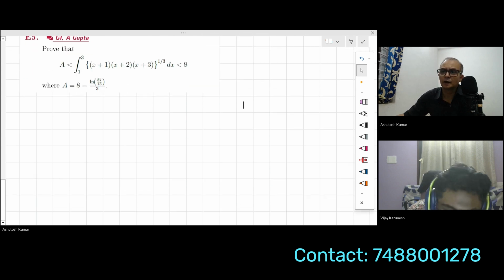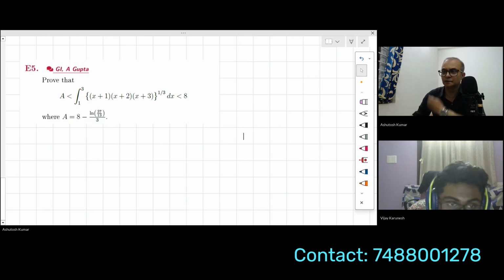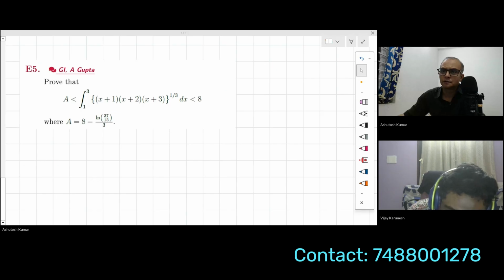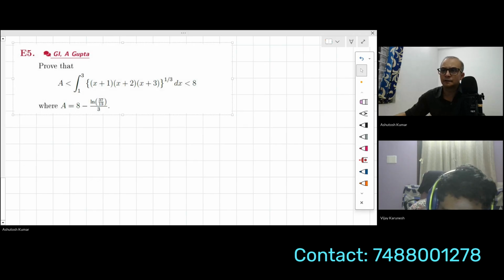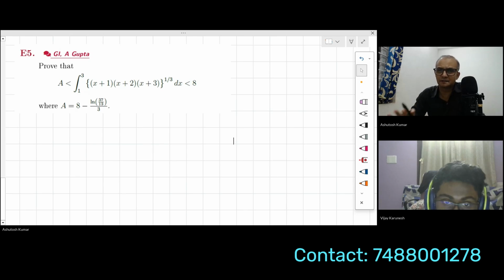That book, actually Sarvesh, a student, has purchased it. So I have taken that question from there. By the way, this curly bracket is not indicating the fractional part, it's just a bracket.